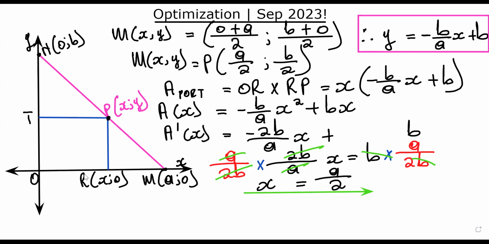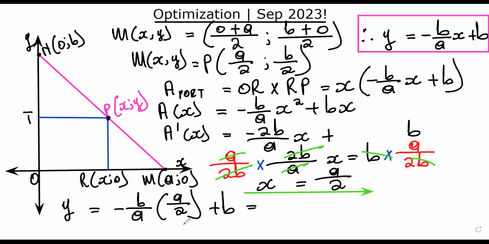Okay, fine. So now that we found our value of x, then we need to substitute it into the equation of a straight line so that we can get the corresponding y value. So we have negative b over a, and where we see x, we put a over 2, and we say plus b. Then what is going to happen?